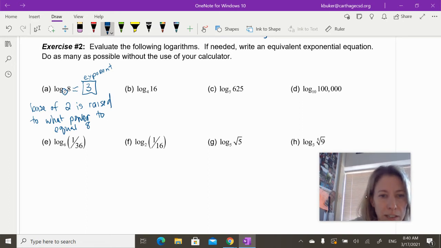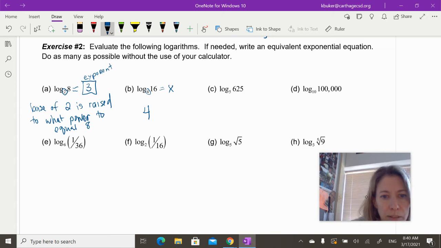In this case, we're saying our base 4 is raised to what power to equal 16. If we wanted to write this as an exponential, I'm going to put an unknown of x here, and I can rewrite it. The base stays the same.